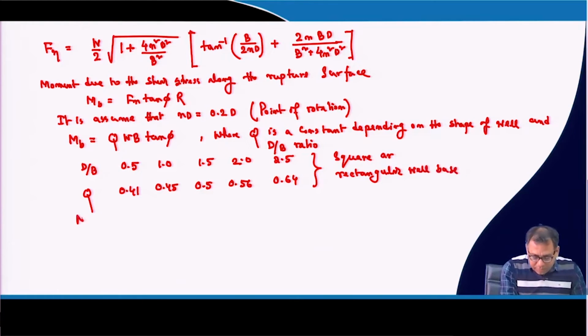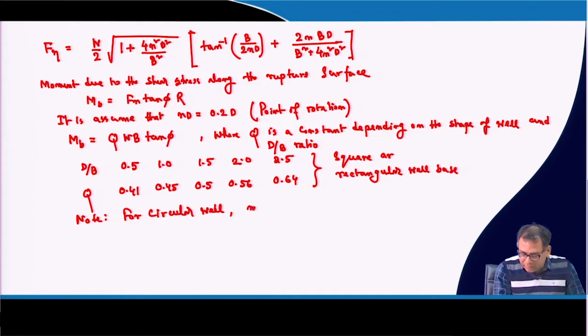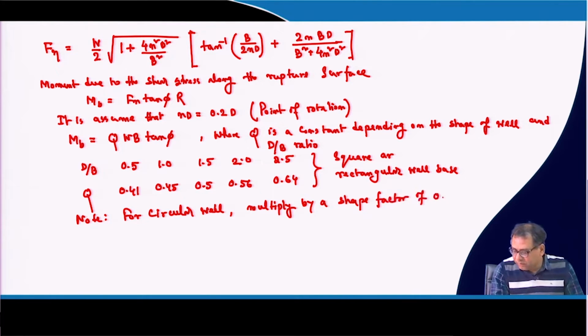Now, note if it is a circular well, we have to multiply by a shape factor of 0.6.